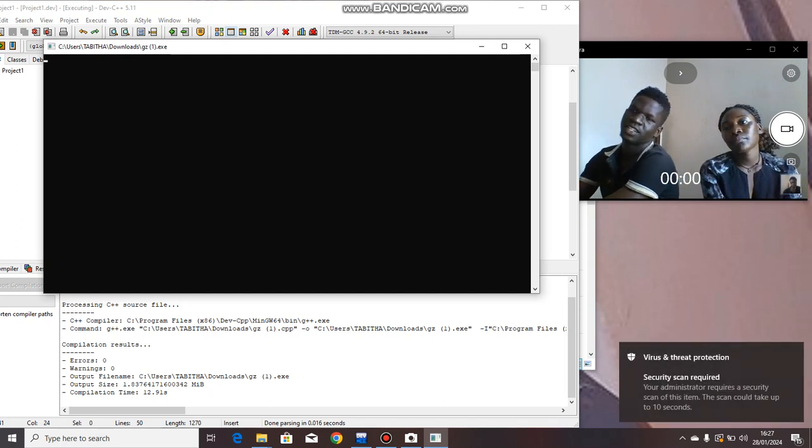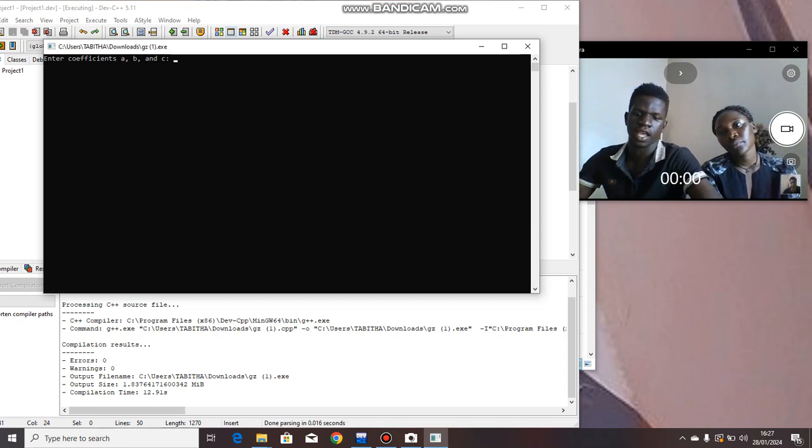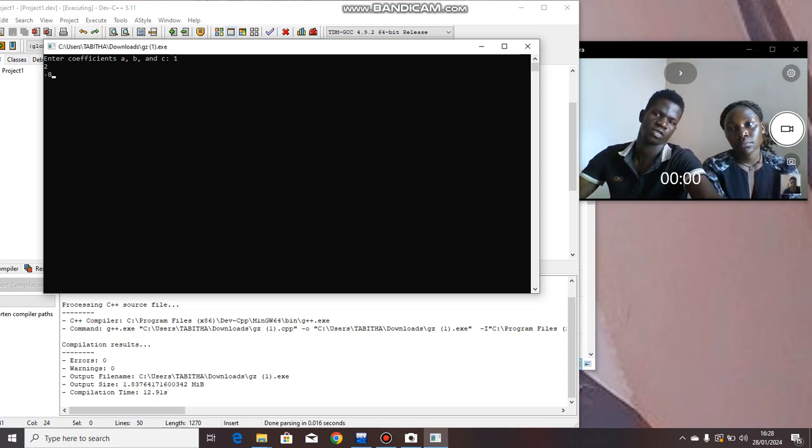So as you can see, when I try to run this, it tells me enter coefficients of a, b and c. If I enter a as 1, b as 2, and c as negative 8, we all believe that we know the roots: one is 2, another one is negative 4.